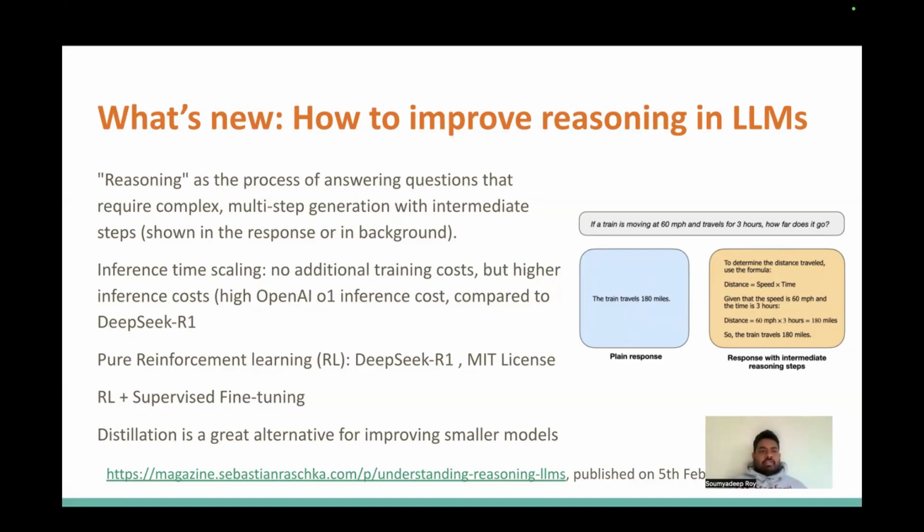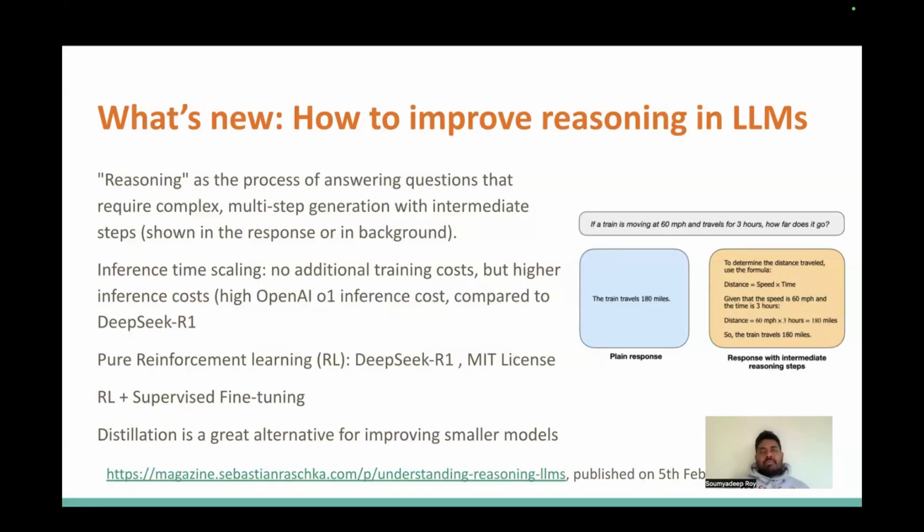But there is a difference in how we define reasoning. It can be the process where, in order to answer a particular question, you have to go through multiple steps, and it is complex in nature, and you have to break it down into a small number of steps.